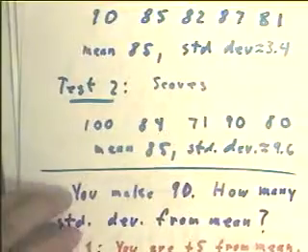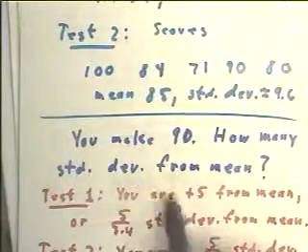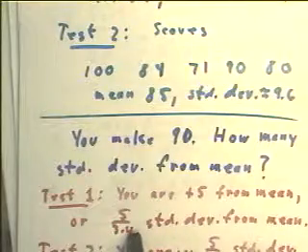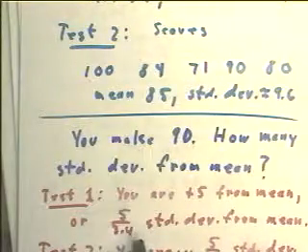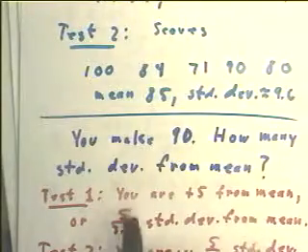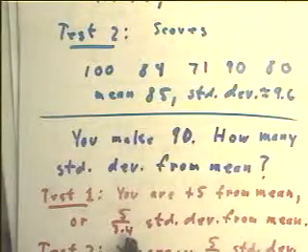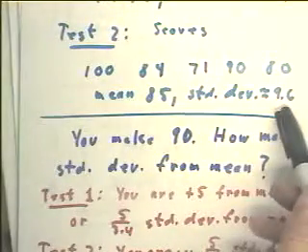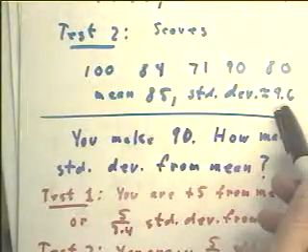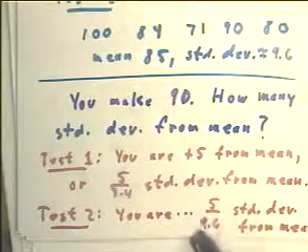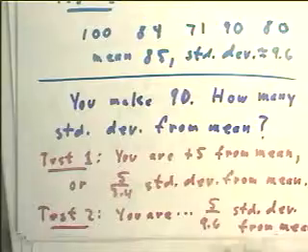Well, okay, you're plus 5 from the mean, and that means if the standard deviation is 3.4, then you're 5 over 3.4 standard deviations from the mean. You're 5 3.4ths in a way of speaking. Whereas in this case, where the standard deviation is 9.6, you would be 5 9.6ths. 5 over 9.6 standard deviations from the mean.